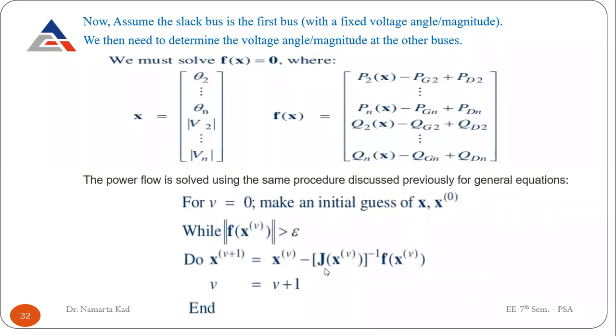We will do this in the coming part, that is the Jacobian matrix. J(x(ν)) inverse times f(x(ν)), and now increment the iteration, that means the next iteration is ν equals ν plus 1, and end. So this is a small algorithm or program for solving these equations.